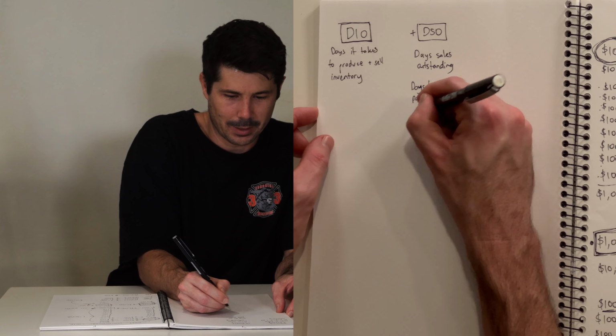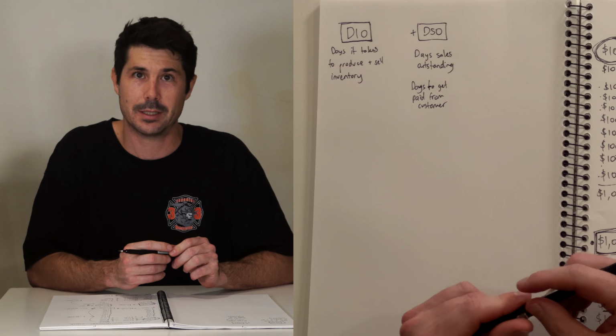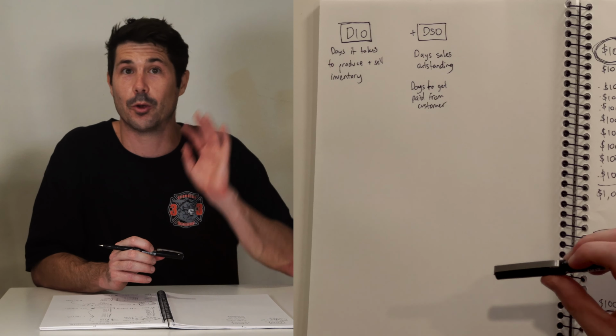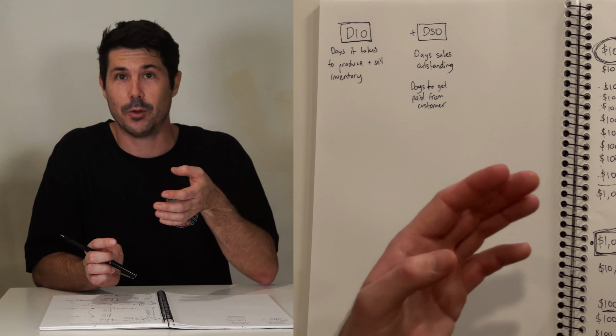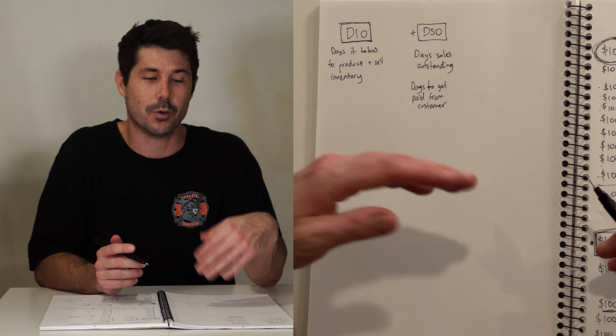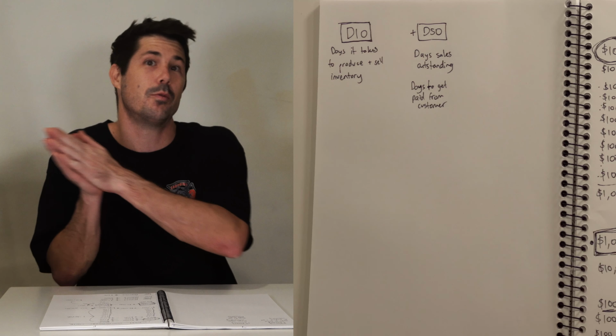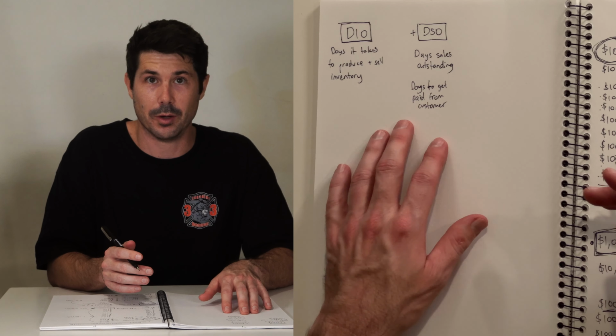So if you're in e-commerce, then this is generally going to be just a couple of days from when they purchase it to when Shopify releases the money. If you are at a local market and someone buys it off you with cash, then this would effectively be zero. However, if you're selling services or if you're selling products and someone doesn't pay you for 30 days, then this would be 30 days.